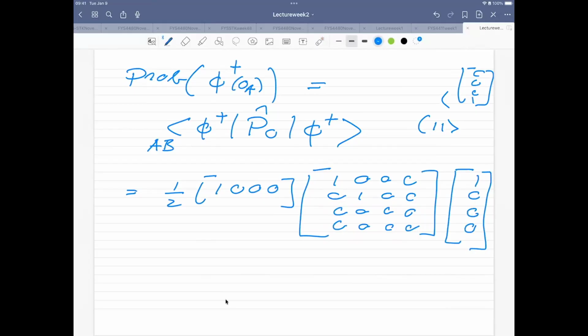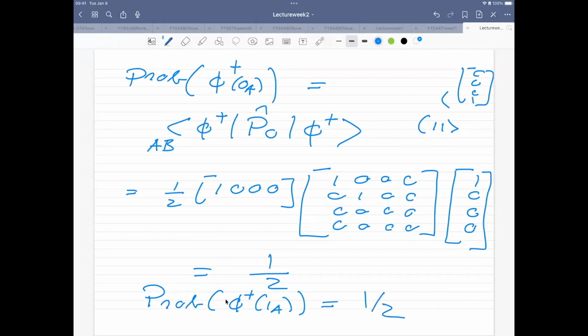So the only possibility I have now is that when I do the calculation here, you will see that this is 1/2. So the probability for measuring this qubit 0 is equal to 1/2. Then you can repeat this and do the same for the probability of 1 in system A. And then you would simply take the state 1, 1. And in that case, you will also get 1/2. So these are the probabilities.